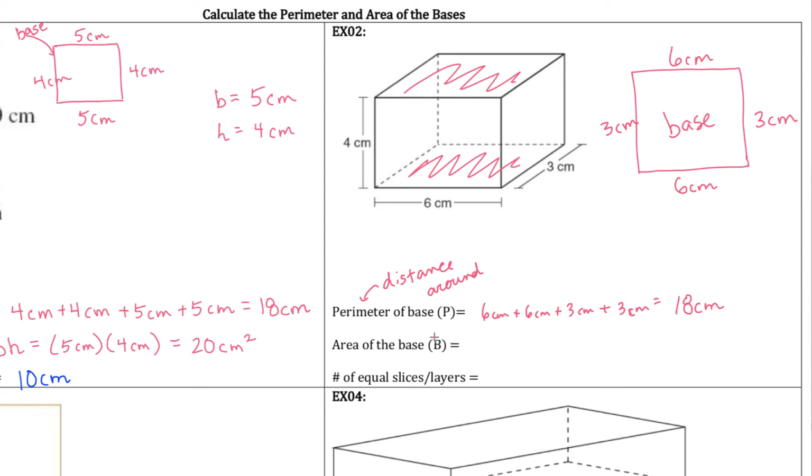And the area of the base. Well, okay, so this is the base of our prism. The base of our rectangle that we drew, or it looks like a square, but it's a rectangle. The base of this rectangle is 6 centimeters, and the height measures 3 centimeters.